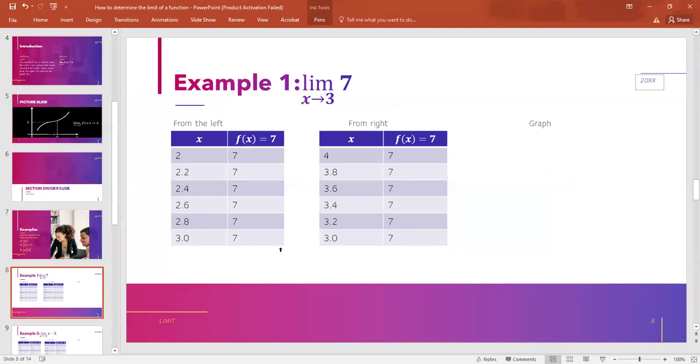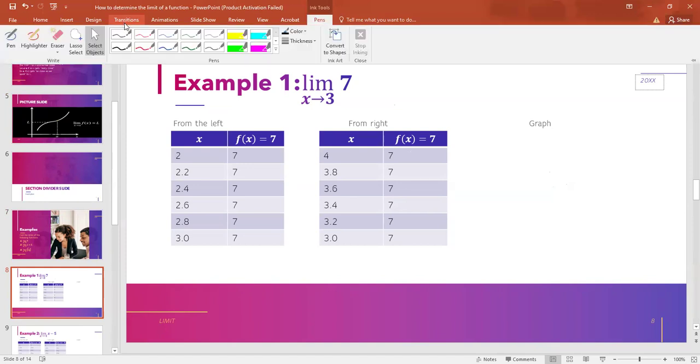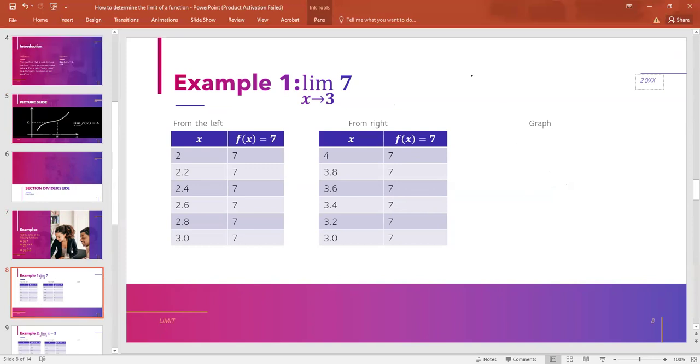We'll begin with the first function, which is the constant function. So this implies that we can do it using a table of values to see the behavior of the function. You can decide to draw a number line here and put your x values.